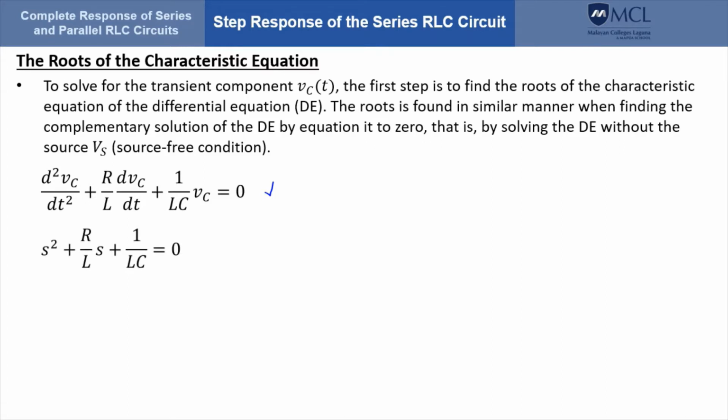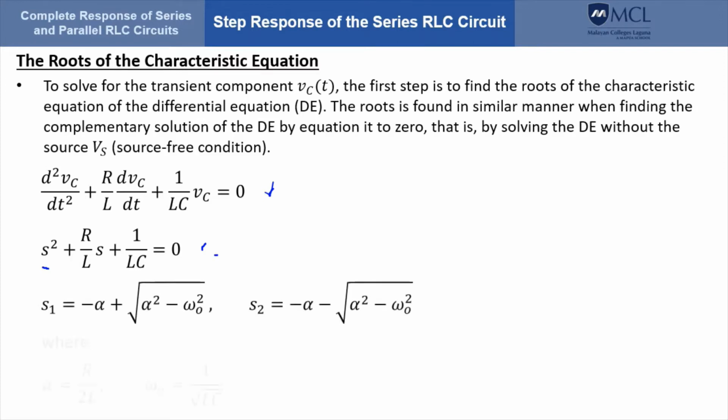So this is known as the characteristic equation of this differential equation. And we can solve the values of S, which are called the roots of this characteristic equation. And that will give us two values, S sub 1 and S sub 2. Okay, so where alpha here is given by this, and omega naught is given by this one.